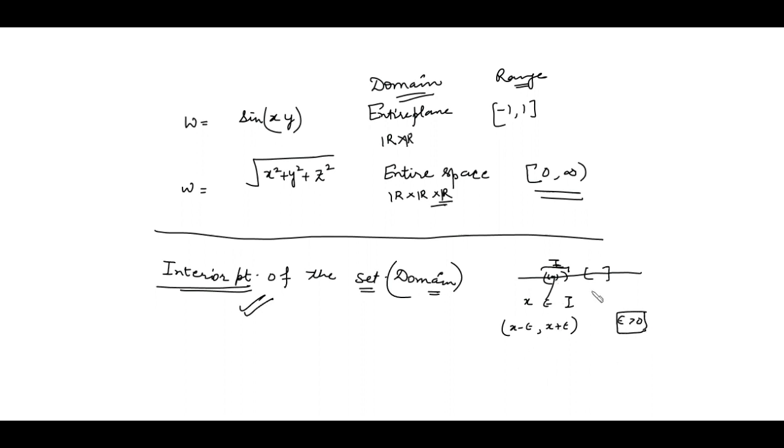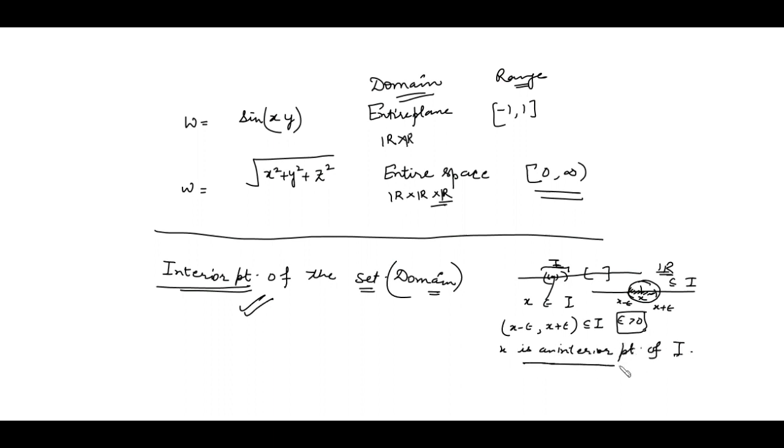So we choose every point near x. These points become the neighborhood points for this point x, right? If this neighborhood is completely contained in I, then x is said to be an interior point of I, right?